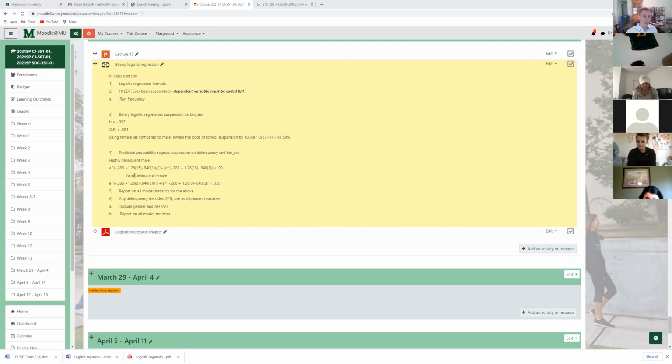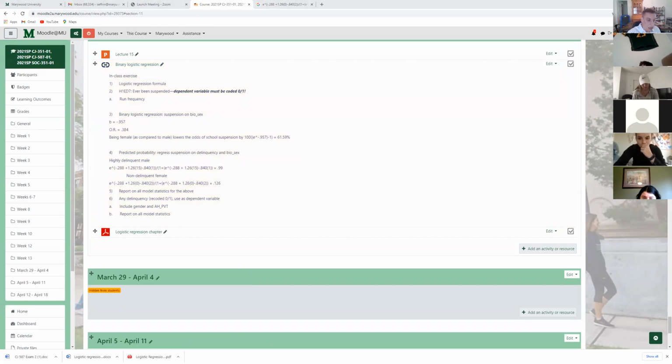So this is plugging in values based on the unstandardized beta. A negative 0.28 is the unstandardized constant, and then we got 0.126 for delinquency, and then we've got 0.84 for the effect of gender.